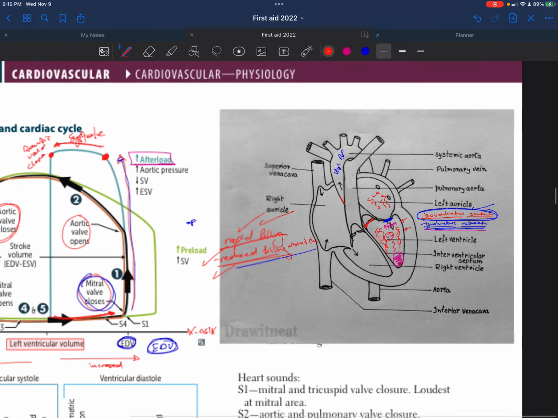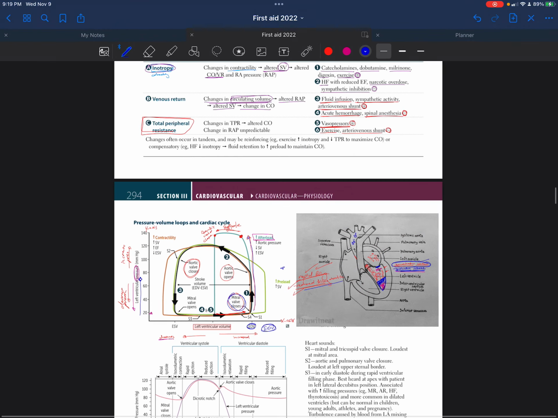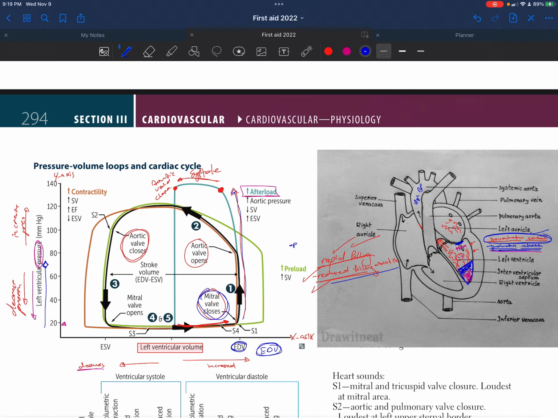So that's why, of course, the amount of blood that leaves the heart now has to leave very fast. So there is a bigger volume that stays in the left ventricle. There is now more blood staying in the left ventricle and not leaving, and this is the end systolic volume.